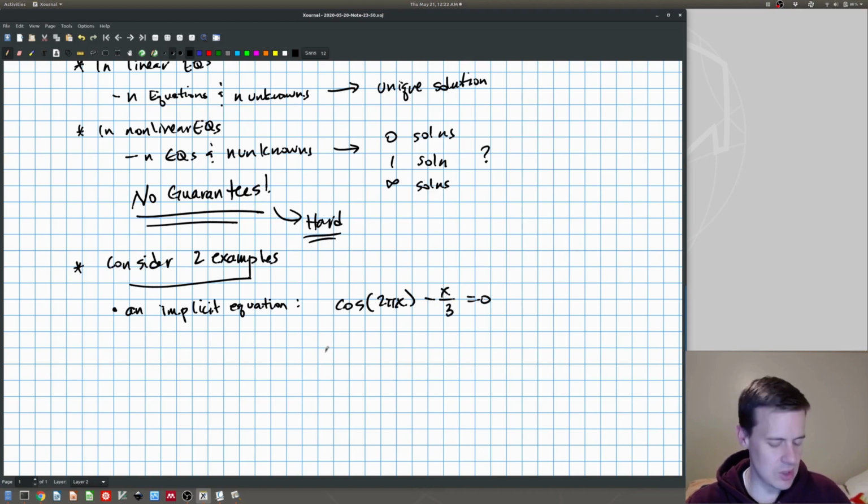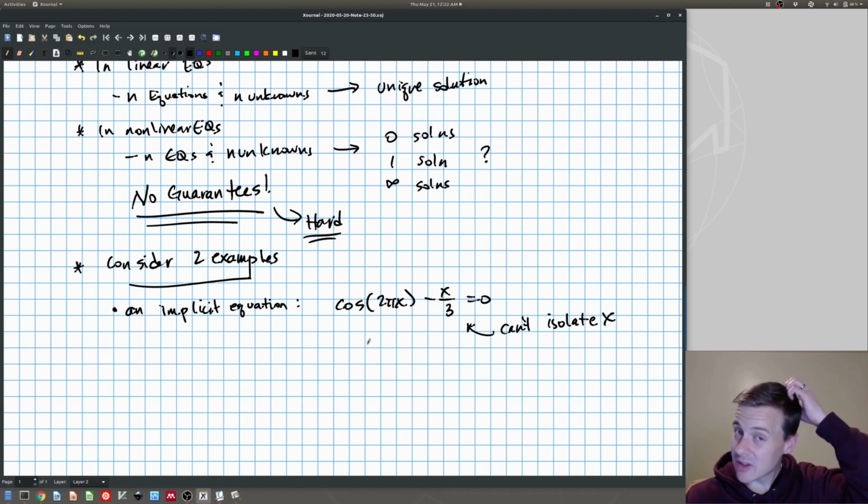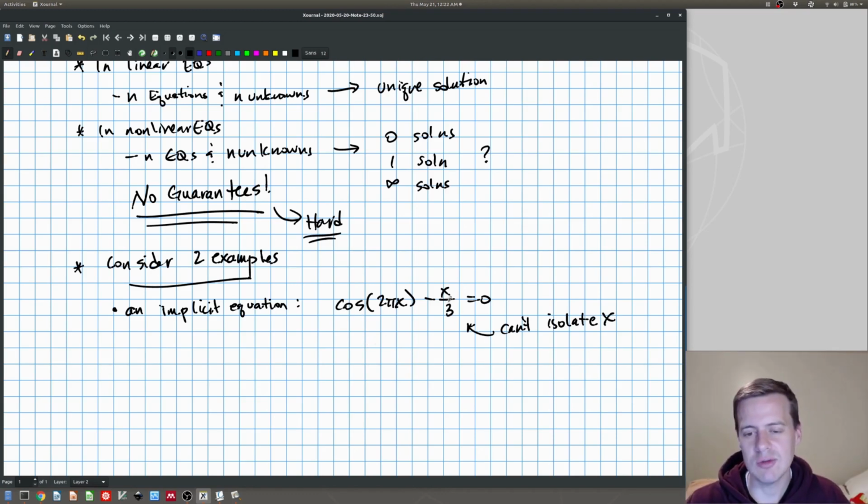What makes it implicit is that you can't isolate x. So you can't solve this by hand, so we're going to need a numerical method to go about solving this. You can put x on this side, but then there's still an x here. You could take an arc cosine, but then this gets in an arc cosine. There's not a whole lot you can do to get rid of this guy.